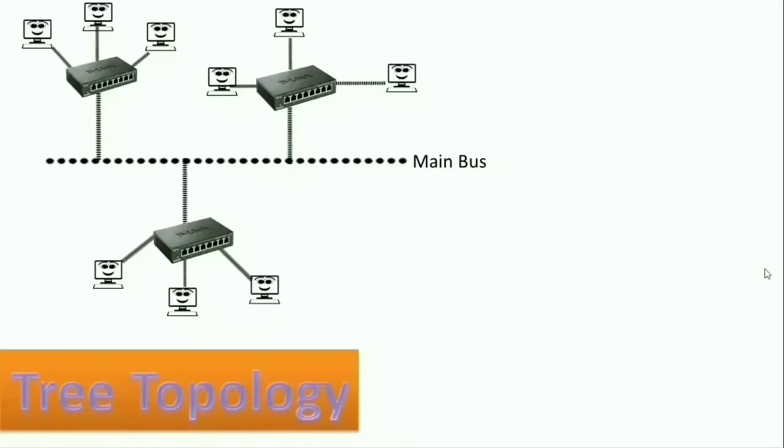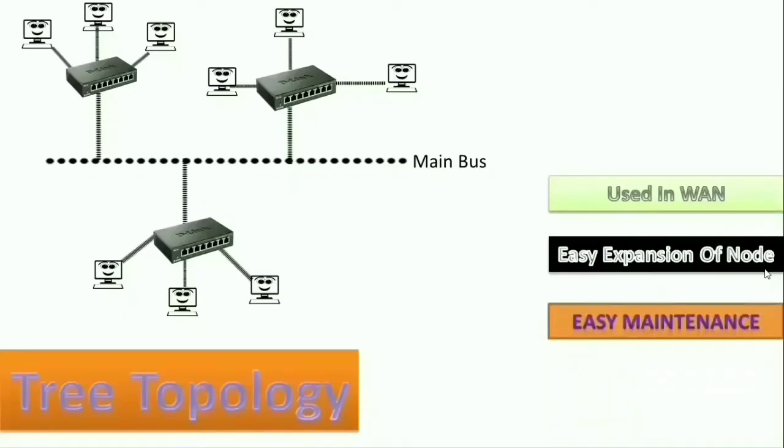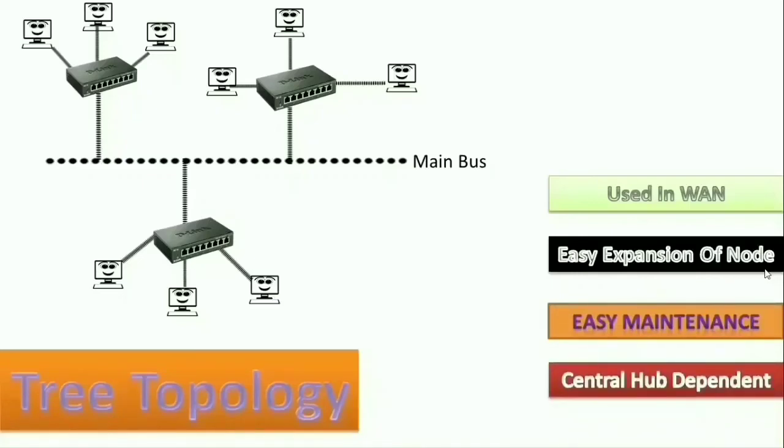Now it is used in WAN, that means wide area network, with easy expansion of nodes. That means you can easily connect a lot of devices, a lot of other star networks to it. The maintenance of this network is very easy, but it's also central hub dependent. That means if the main bus fails, the whole network will fail.